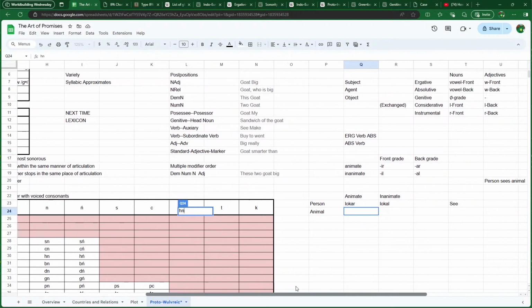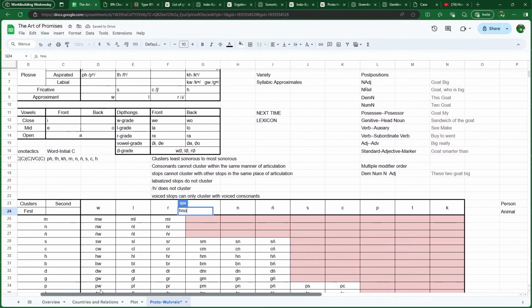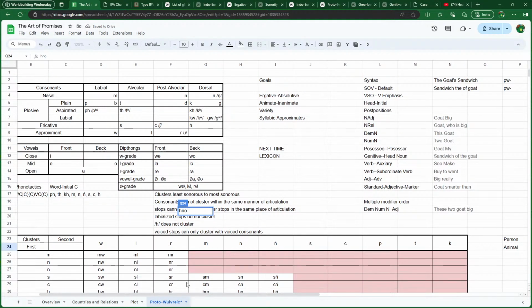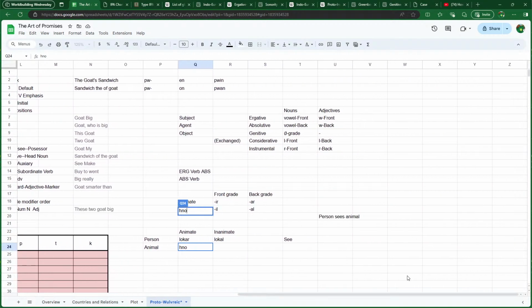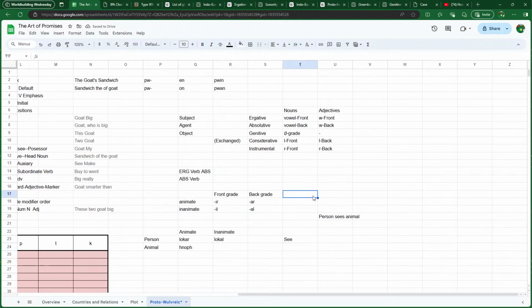The reason I'm making sure all of these are specifically vowel backgrade is because the absolutive form is the dictionary form.